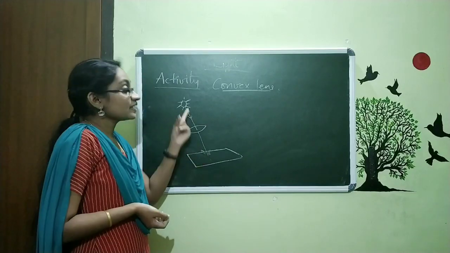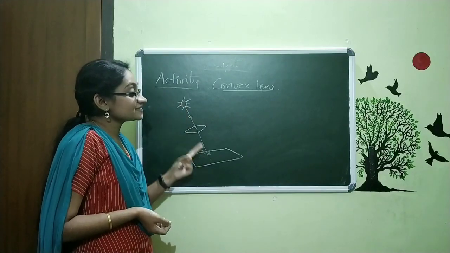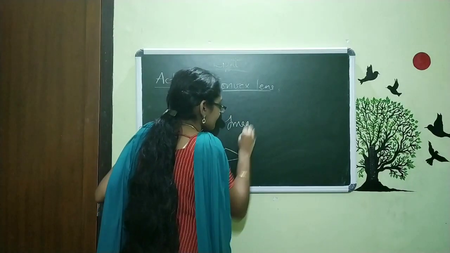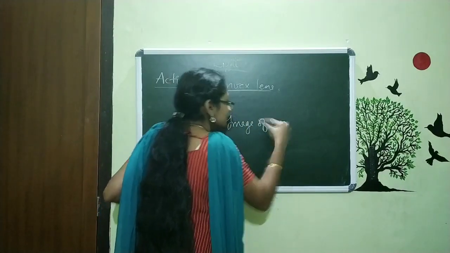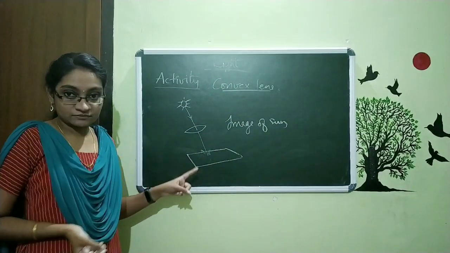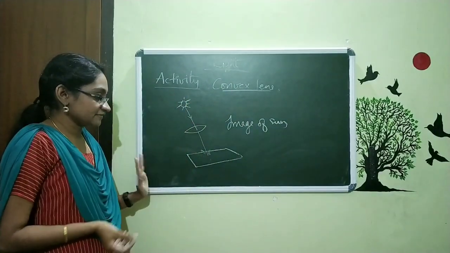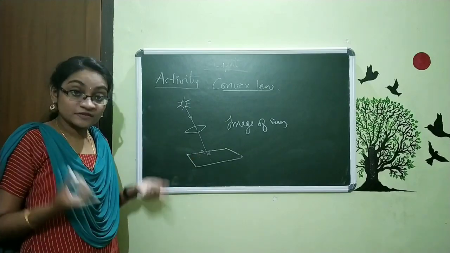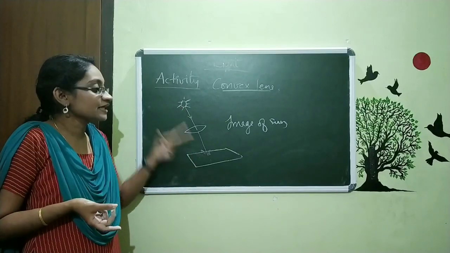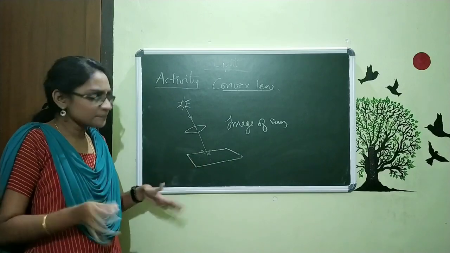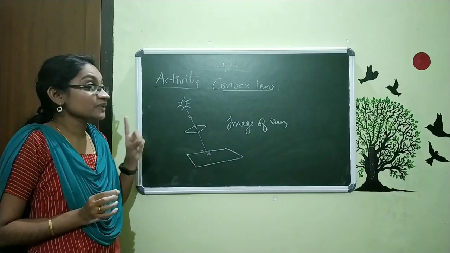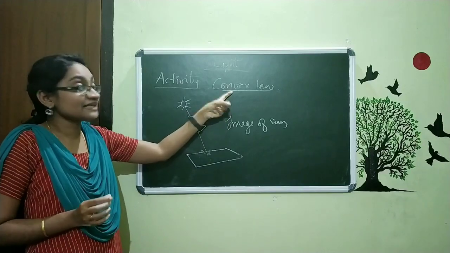The reason is this: the image of the sun is formed on the paper. The image of the sun is formed on the paper, and because of the heat from the sun, this paper starts burning.